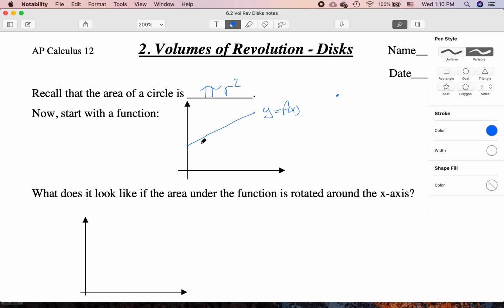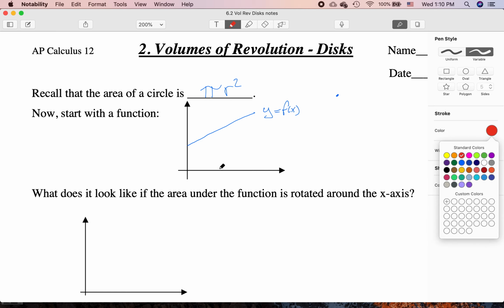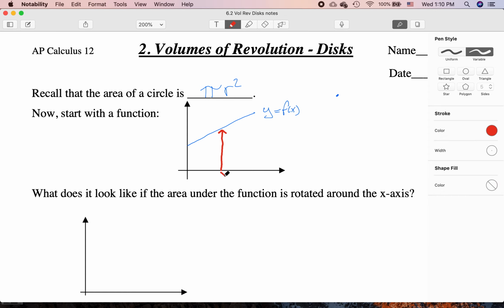Okay, so if I think about the area, or not the area, but the height underneath here, let's think about the height. If this is the x value, this is really what f of x is, right? This means the height at that one point.